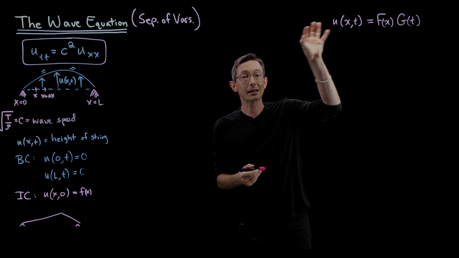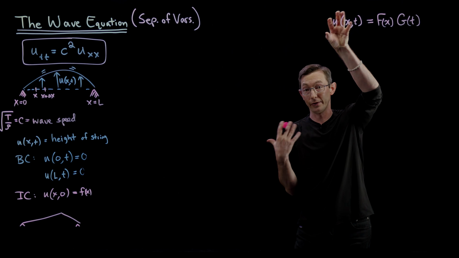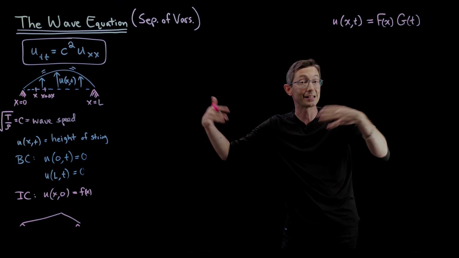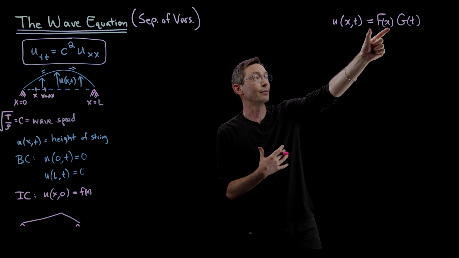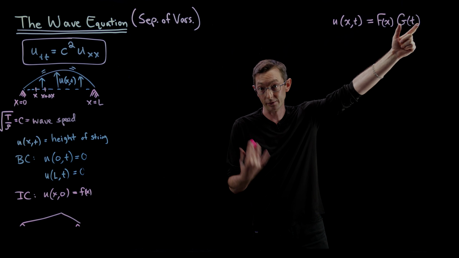So this is the basic assumption of separation of variables. Remember that guitar string is vibrating in space and in time, but I'm going to assume that it can be written as a product of a function just of space times a function just of time.